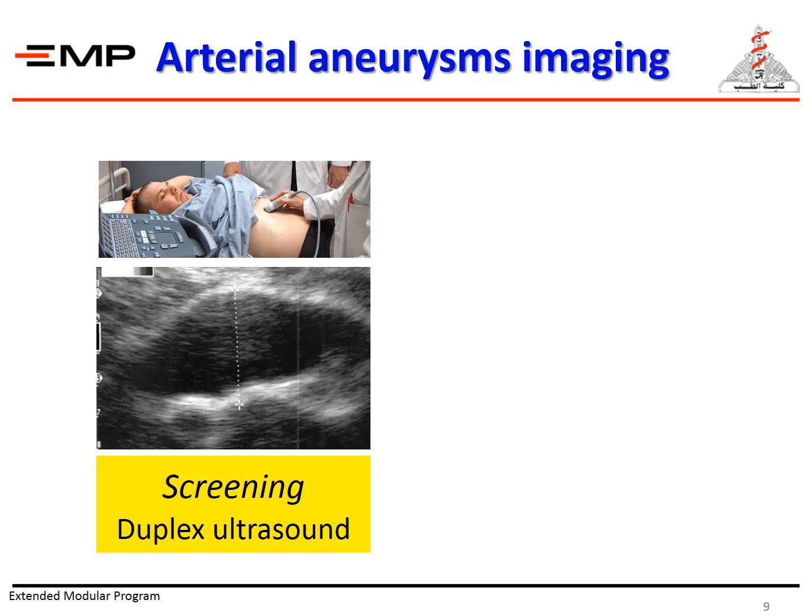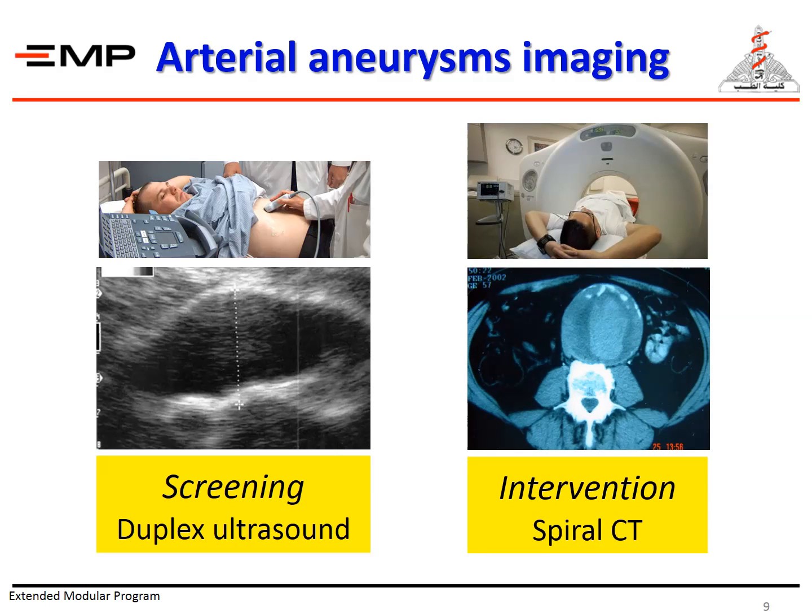If you want to measure the precise aneurysm diameter and the precise extent of the aneurysm, this is important before any operative intervention, then the spiral CT is used for these accurate measurements. We discuss more details about this topic and about how we take decisions about management of abdominal aortic aneurysms in your face-to-face sessions.